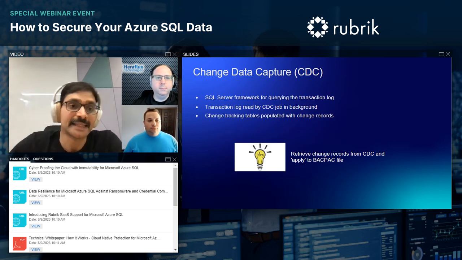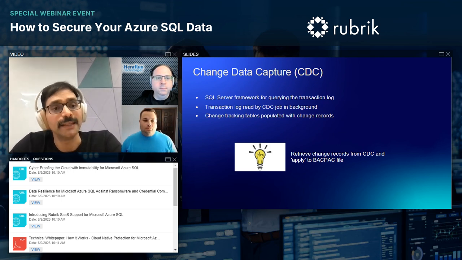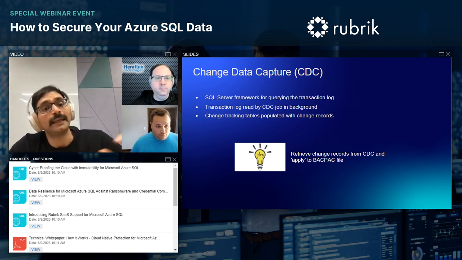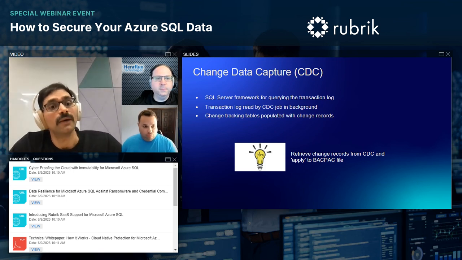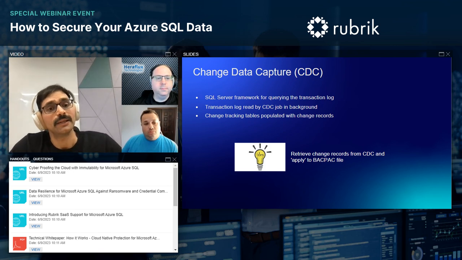CDC. The trick for that is to use change data capture, a well-known technology within SQL Server, which lets us access the transaction log. The idea is to get all the transactions which have occurred during the time that we were generating the backpack and apply these transactions onto that backpack file.